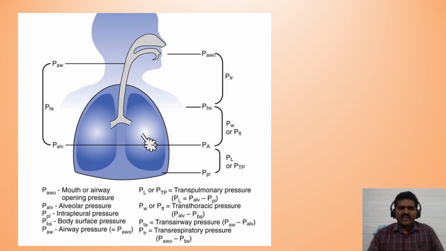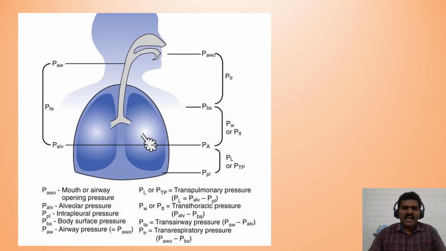This is a picture to depict different pressures in the airway. First of all, there is the airway opening pressure, the mouth or airway opening pressure. Then there is alveolar pressure, intrapleural pressure, pressure at the body surface, and airway pressure, that is the pressure in the airways.